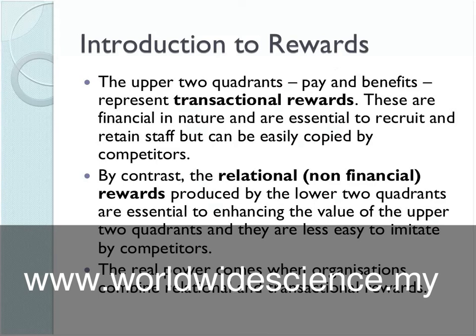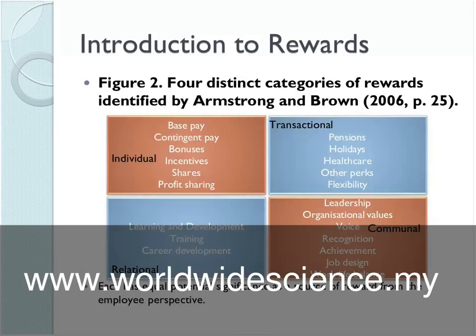And let's see, the figure shows you the 4 distinct categories of rewards identified by Armstrong and Brown. Now we can see this is the type of rewards. For example, individual can be the base pay, the contingent pay, bonuses, incentives, shares, profit sharing.